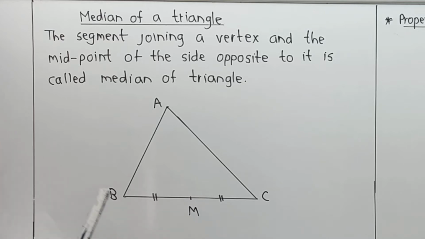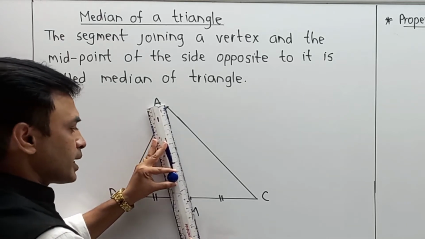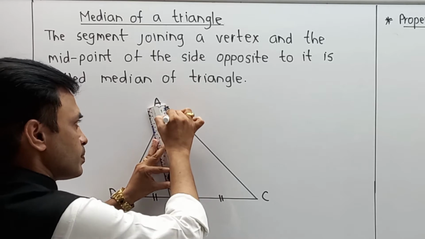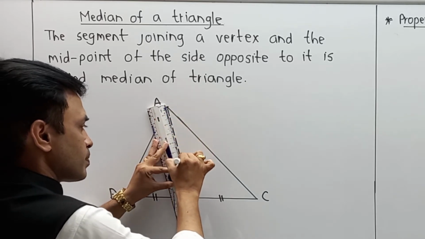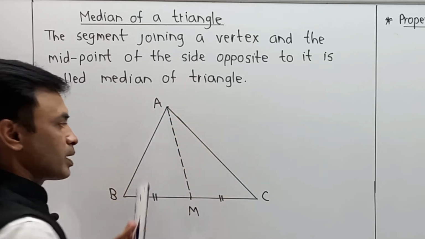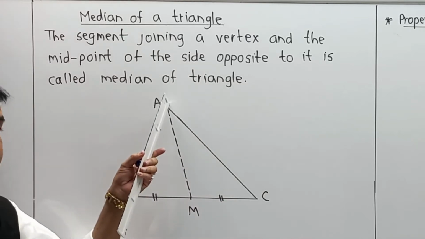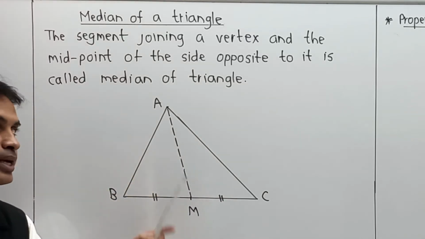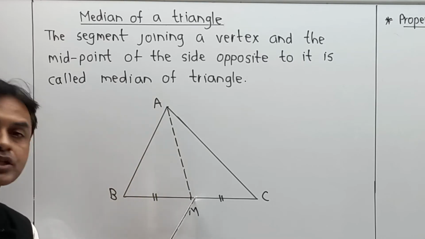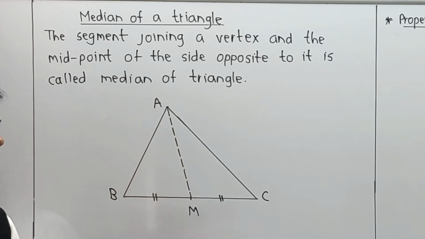Now if I join one line, that is AM, now this A is a vertex and M is the midpoint, and joining the vertex and the opposite side midpoint is called a median. Here we can say that AM is a median.